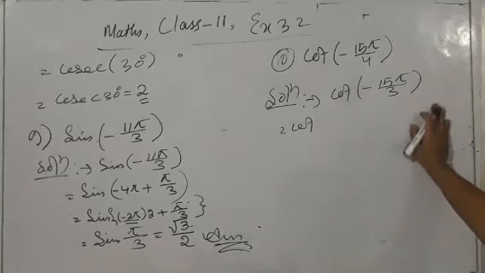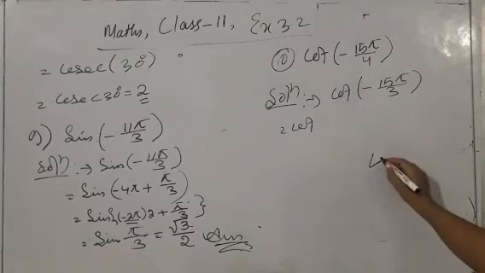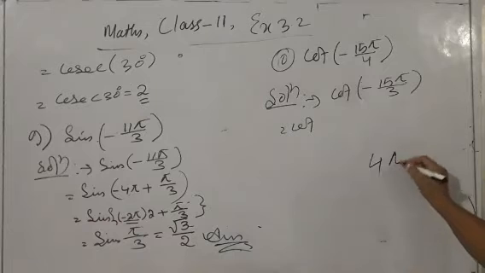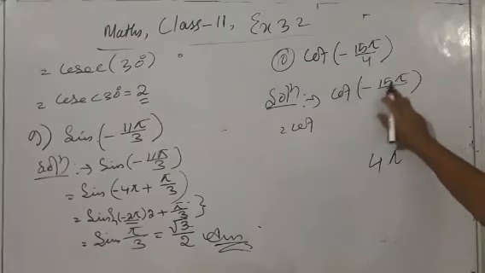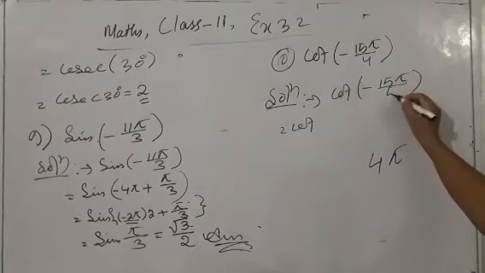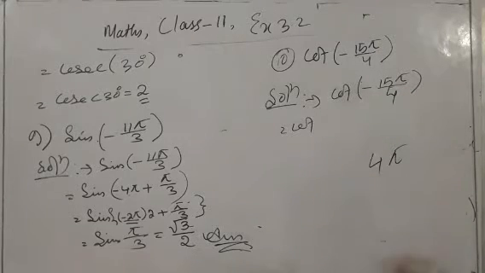Why am I telling you that? So 4 pi. 4 into 4 equal to 16 pi. Yes or no? If we put minus, it will be minus 16 pi.